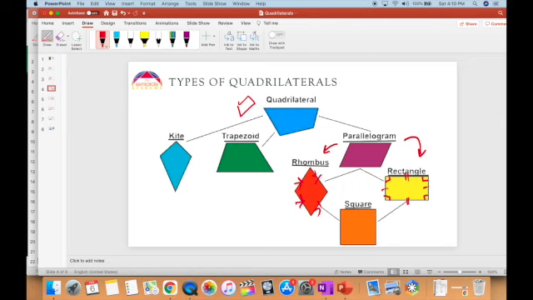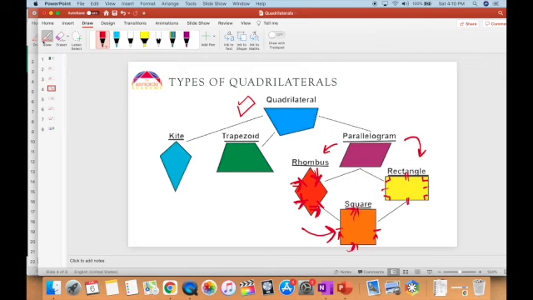So you could see here that in a rhombus, all sides are equal and opposite sides are parallel. So a square also has all of these. A square has all sides equal and opposite sides parallel, just like a rhombus.